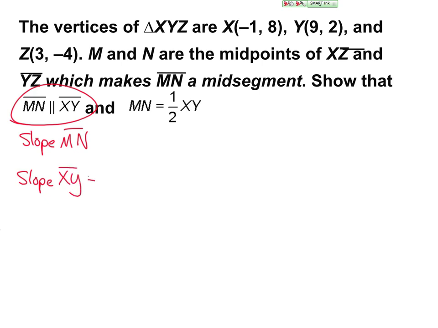And we'll compare to see if it tells us that they're parallel based upon what you calculate. If you don't know which one I said, just do one of them. Find the slope of one of those line segments. Write down your formula if you need to. Slope of either MN or XY.